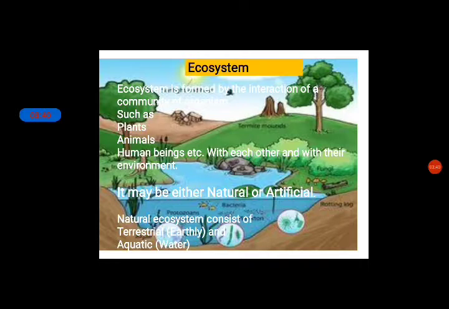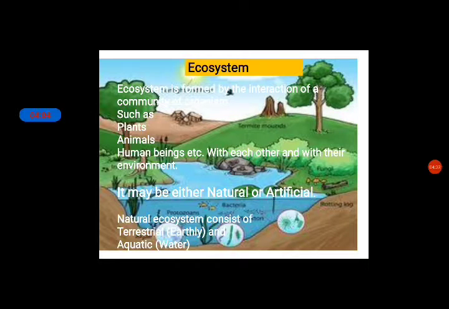What is an ecosystem? An ecosystem is formed by the interaction of a community of organisms such as plants, animals, human beings, etc. These interact with each other and with their environment.